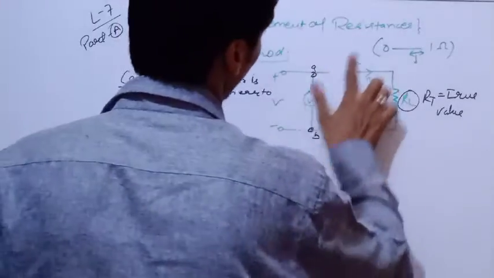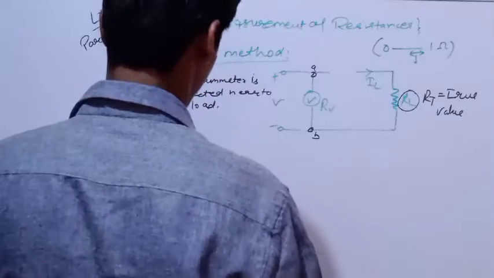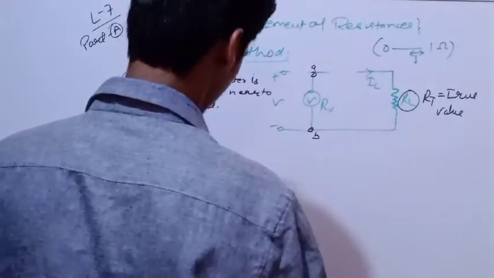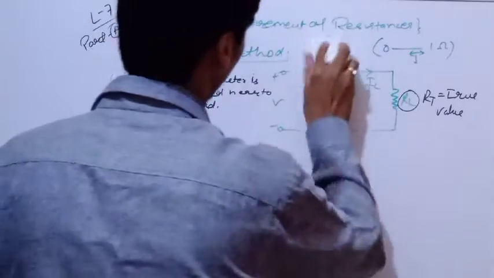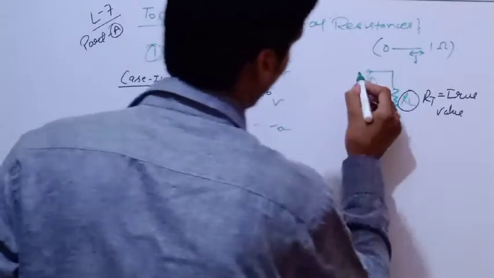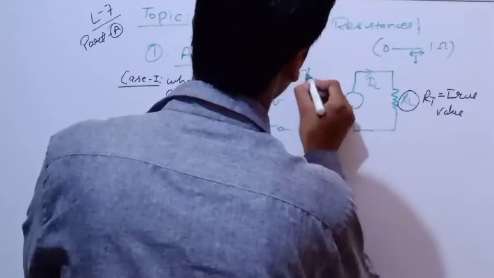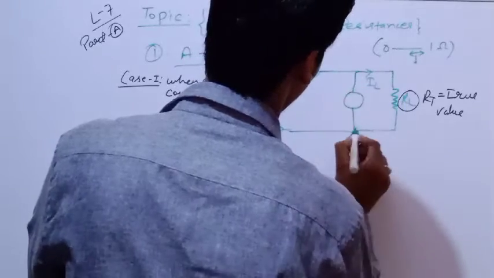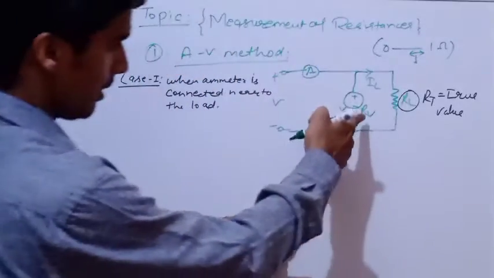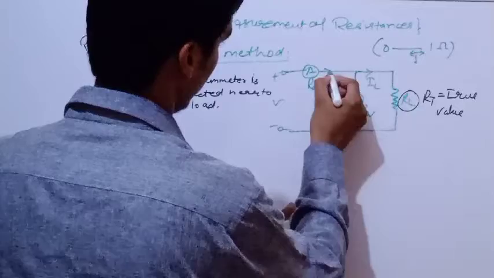Now this ammeter will not be connected here. You can shift this voltmeter to this side. You can take this ammeter here. This will be the voltmeter. The resistance of this voltmeter is mentioned as RV. The resistance of the ammeter is mentioned as RA.